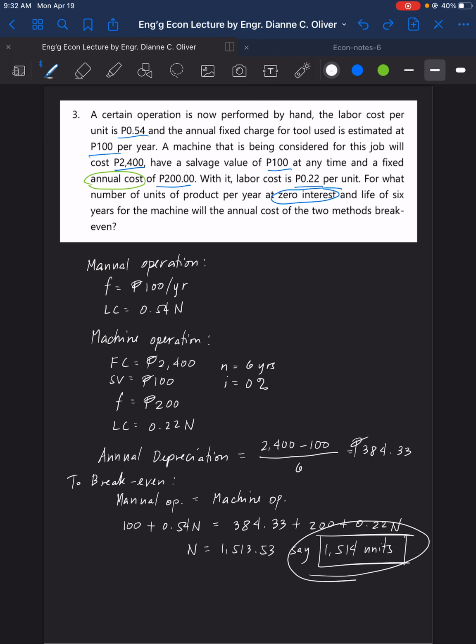So if having 1,514 units will garner profit from the two alternatives, then why not? You can consider buying the costlier one.